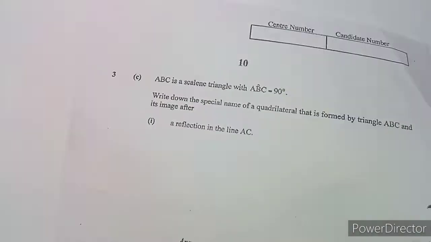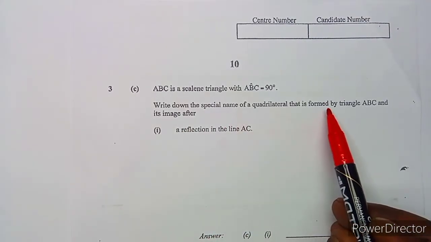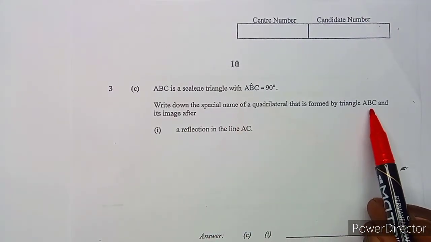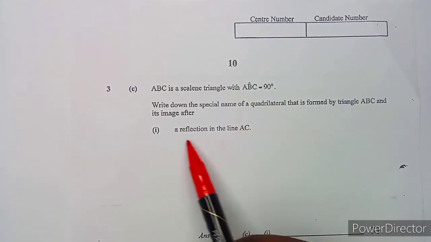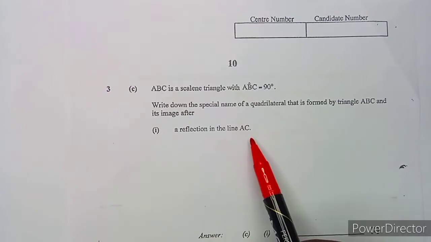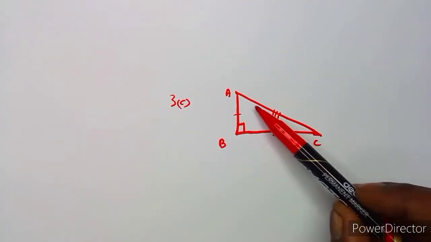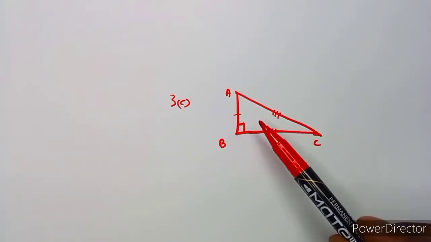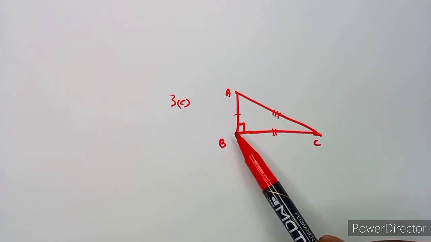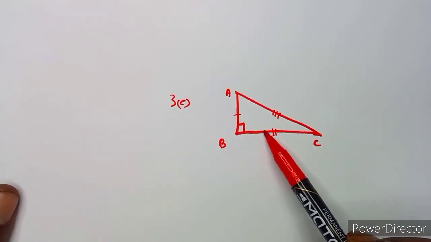Now we are being told to write down the special name of the quadrilateral that is formed by triangle ABC and its image, if it is a reflection in the line AC. Definitely we know that if it is a reflection, this is like the mirror line.